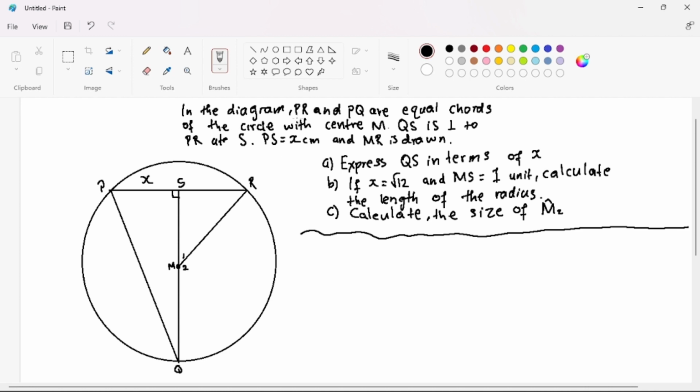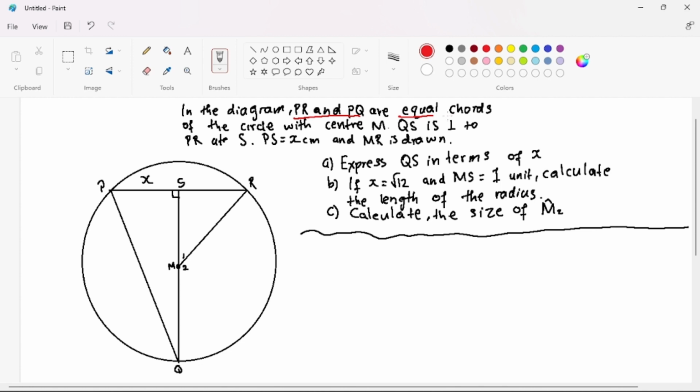In the diagram, PR and PQ are equal chords. So we can see PR and PQ, they are chords, and they also tell us that they are equal, right? I think this is a very valuable thing in our statement right here.